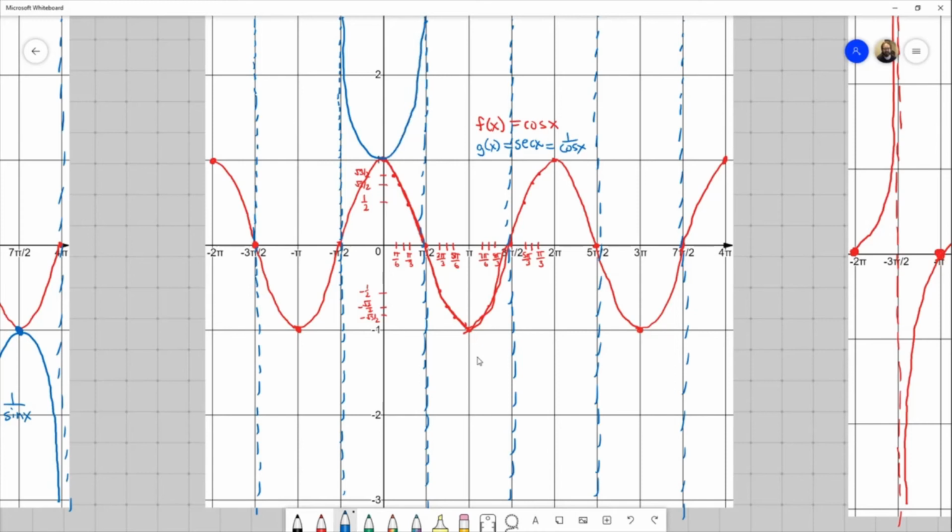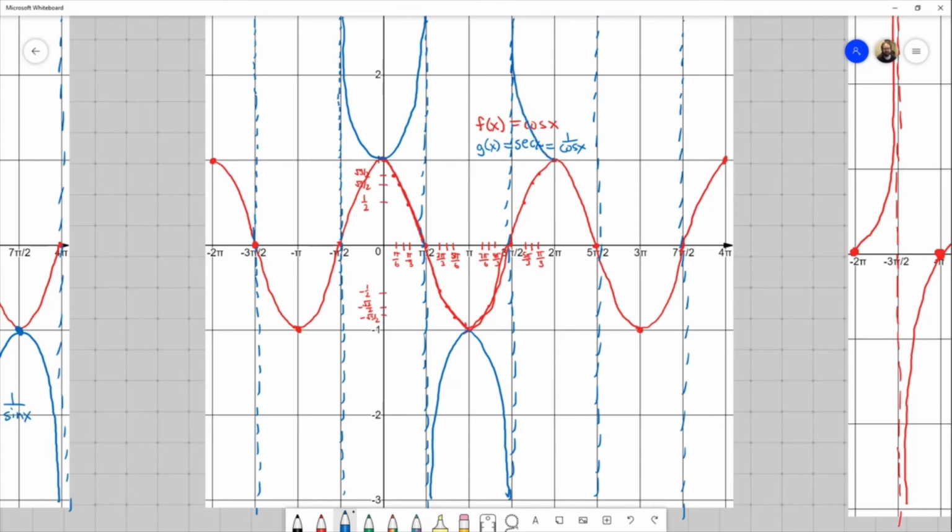It's kind of like a parabola. It's not a parabola, but just like with tangent, where you can think of it as cubic looking, you can think of the pieces in between the asymptotes for secant and cosecant as looking kind of like parabolas. But I'm just attaching these opposite humps.